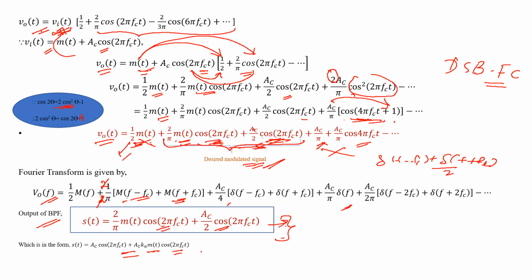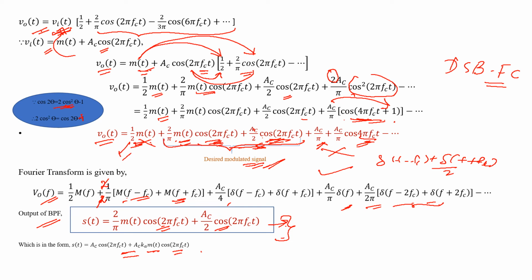Then the last term is going to be AC by 2 pi, right? So what will be your cos 4 pi fct? Del of f minus 2 fc plus del of f plus 2 fc divided by 2. That's how you're getting the last term. So this will be your frequency domain representation, or your Fourier transform.